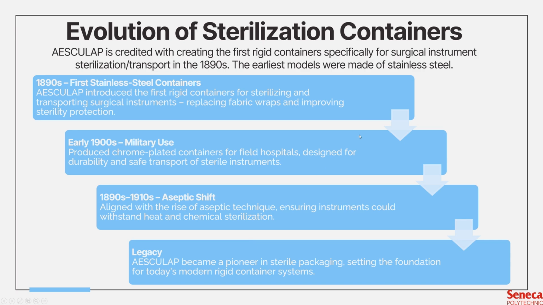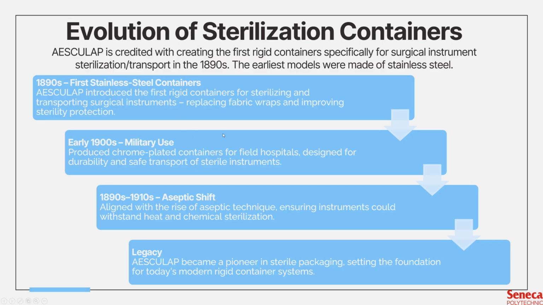So let's look at the evolution of sterilization containers. Rigid container systems have been around for more than a century, since the late 1800s. The company AceQLab is credited with creating the first sterilization containers back in the 1890s.